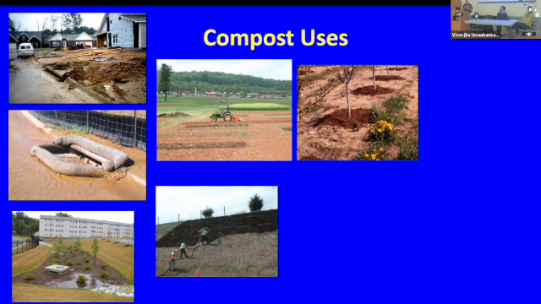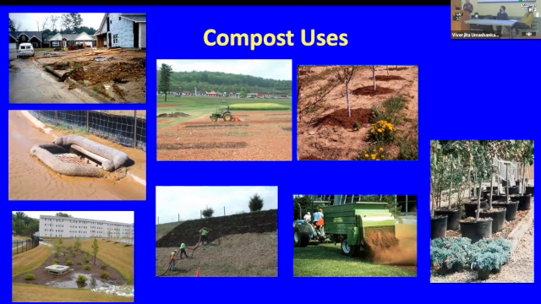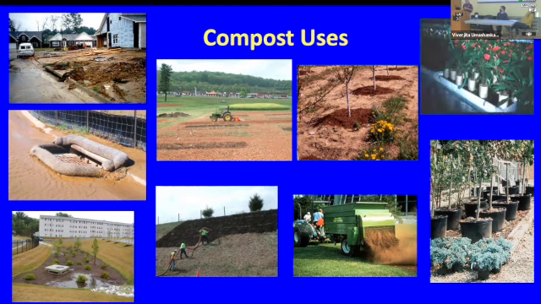This is a compost blanket that's used to prevent stormwater from eroding soil on this site. It can be used as a top dressing for turf grass, and can be used to replace pine bark and peat in the nursery industry or in the greenhouse industry.